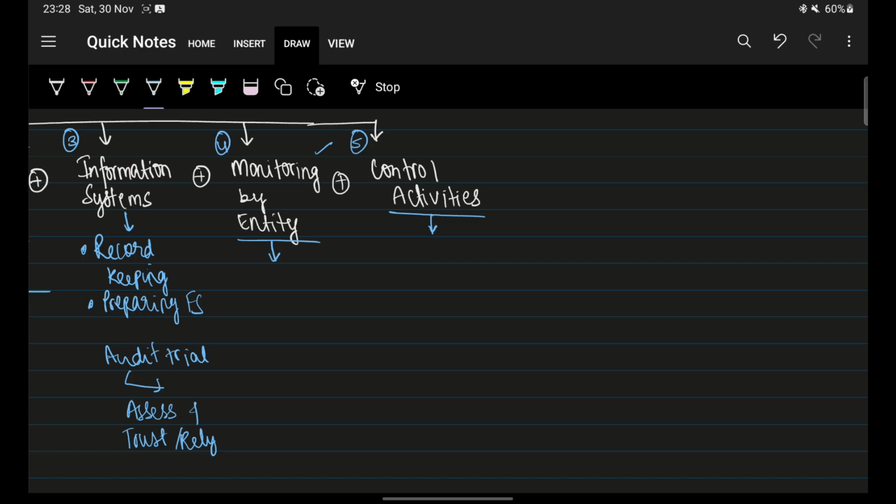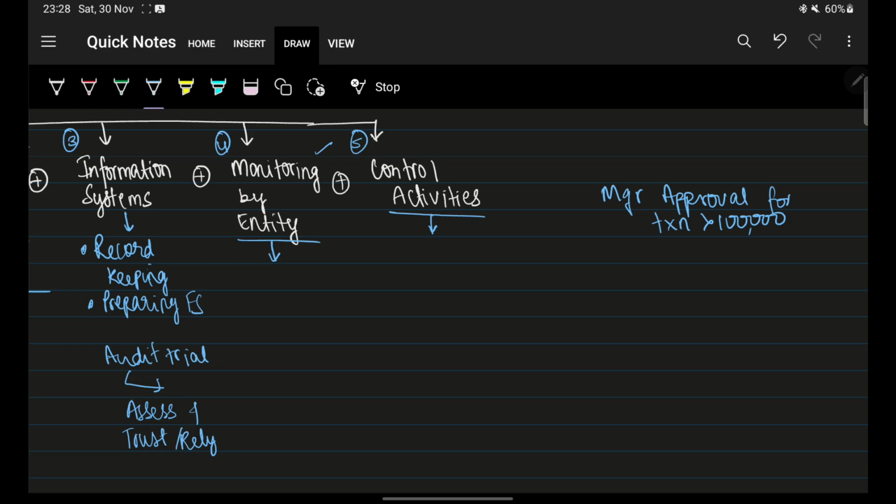So what are the policies that have been kept? For example, a control activity could be manager approval for transactions more than 1 lakh, or something like this. These are control activities.